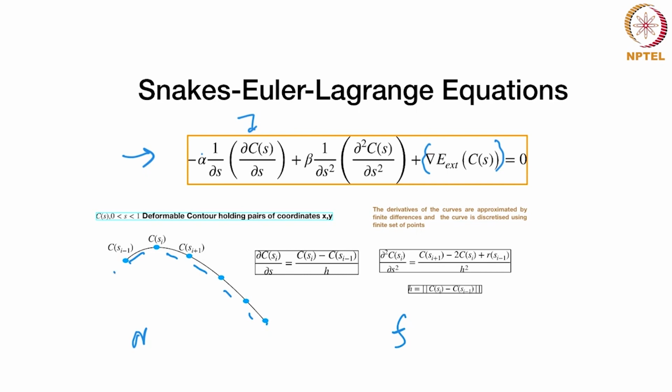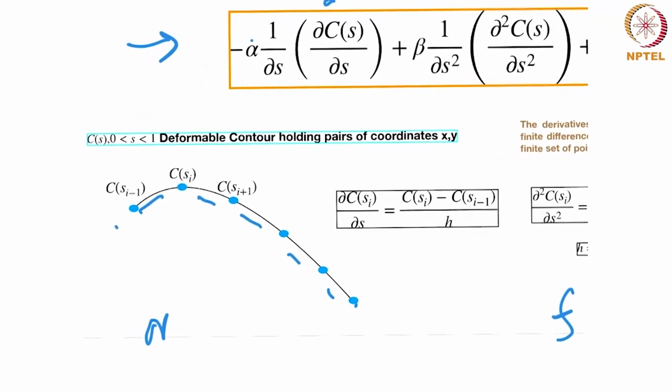The way you calculate the derivatives with respect to S, any parameterization, is that you use your discretization itself. For instance, the first derivative, if I can zoom in a bit, allow me to zoom in a bit, it might get tilted. The first derivative is calculated by its finite difference approximation.